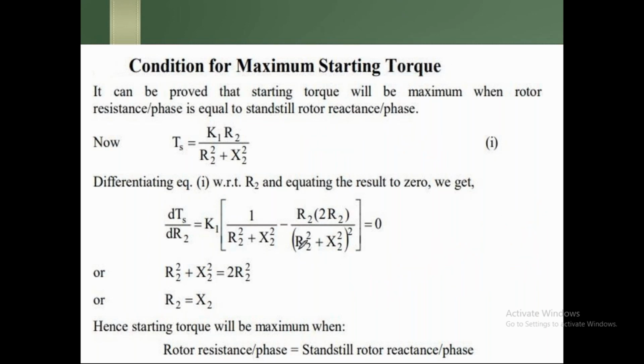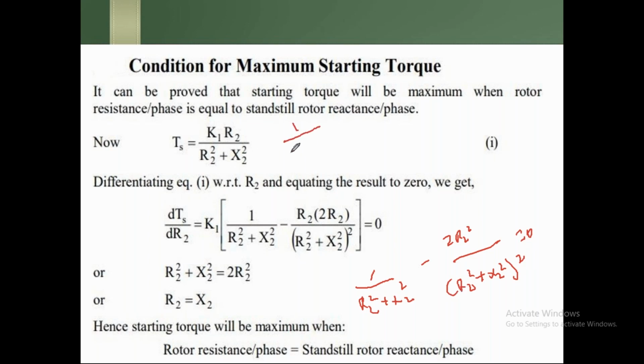If you consider this equation, just cross multiply. So 1 divided by R2 square plus X2 square minus 2R2 square divided by R2 square plus X2 square whole square equals 0. If you simplify this equation, what will you get?